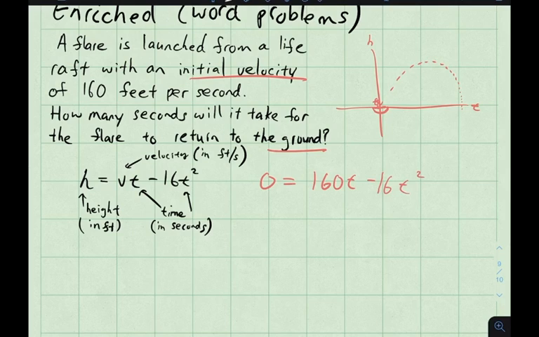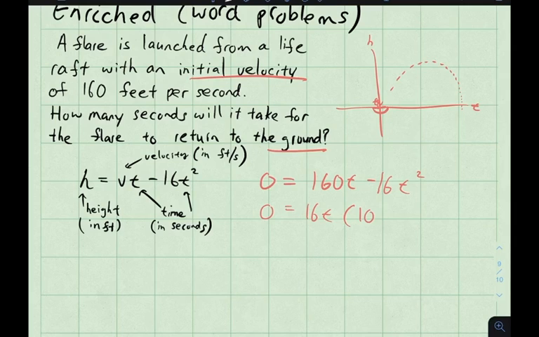This thing does look like something we can factor. In this case, we won't draw our box and diamond. We'll take a shortcut and factor 16t times 10 minus t.